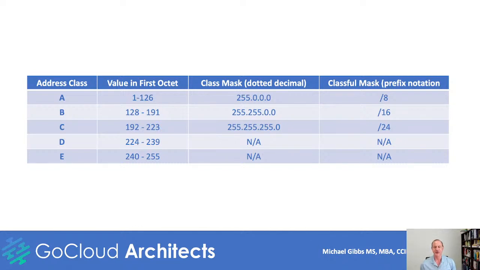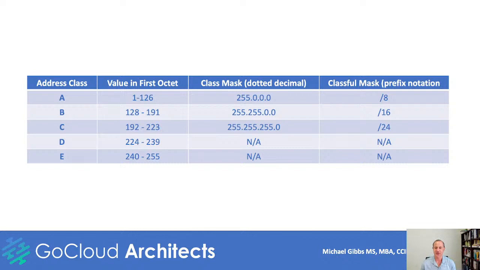Now, most specifically, a Class A address begins with a 1, like 1.0.0.0 or 1.0.0.1, and goes all the way to 126.255.255.255. That's the limit. That's the broadcast address for that subnet. So these are big, these Class A addresses.